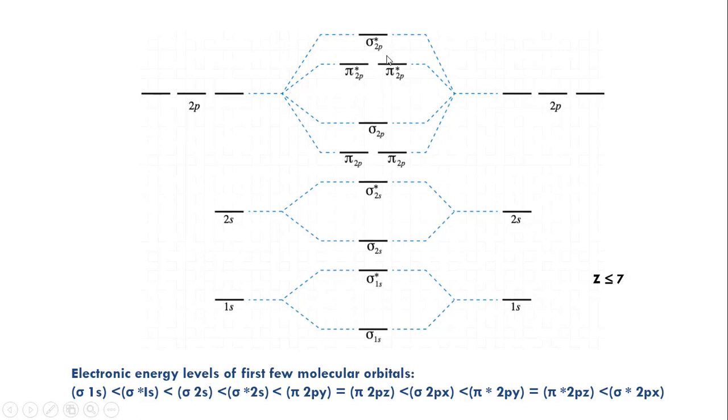Always remember, in molecular orbital theory this energy level diagram ends with the sigma star only. So this part never changes, but this part is altered after atomic number 7. For atomic number 7 or below, that means up to nitrogen, we need to follow this molecular orbital energy level diagram.